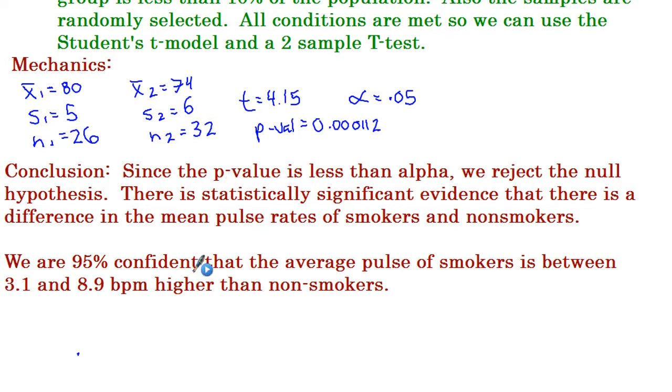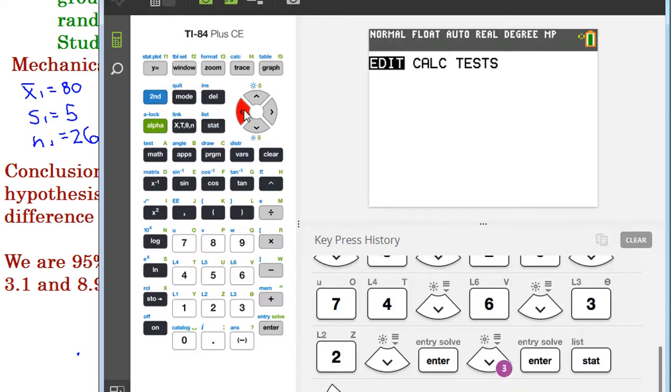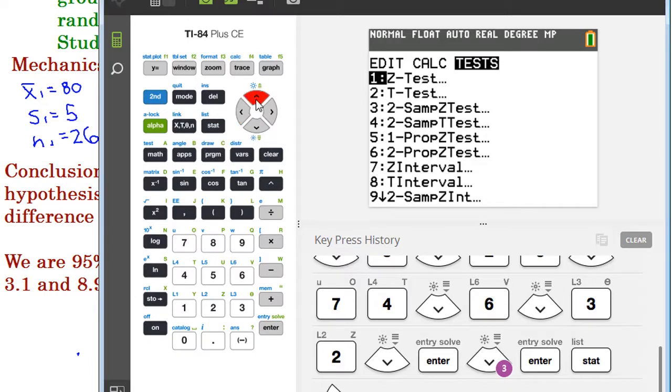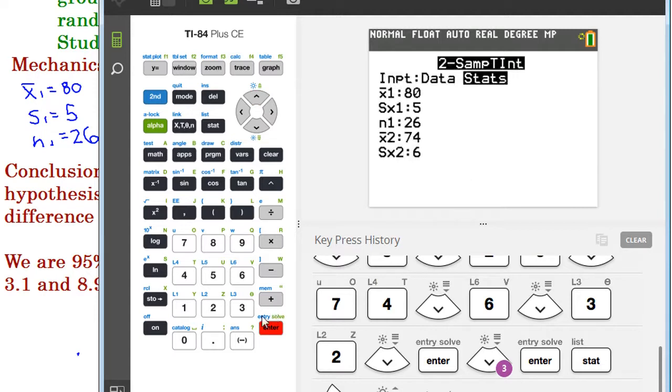Want to show you the confidence interval real quick as well. So the cool thing about these tests is that once you run the test, if I switch over now to the confidence interval, some of you already discovered this. It's option 0, 2-sample t interval. And if you notice, all my data is there already.